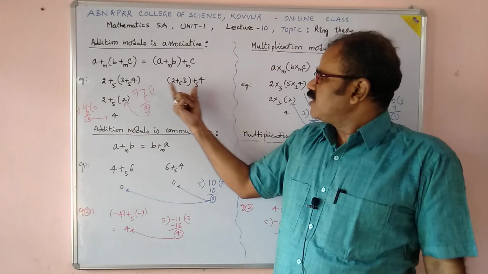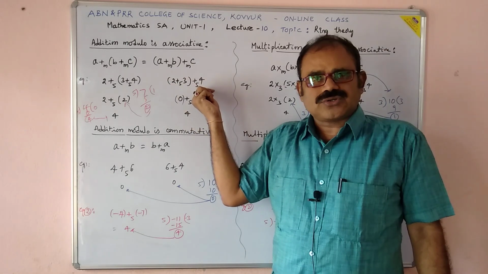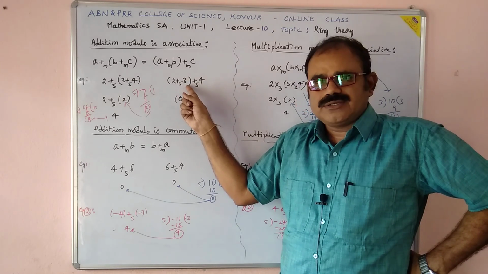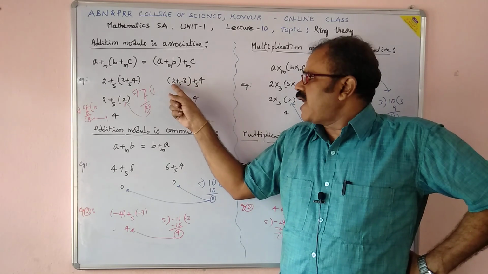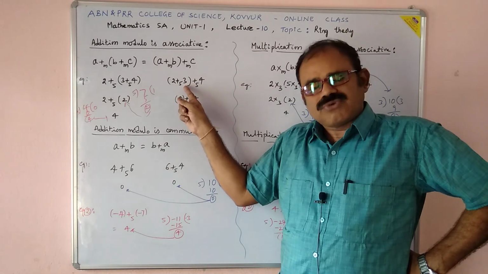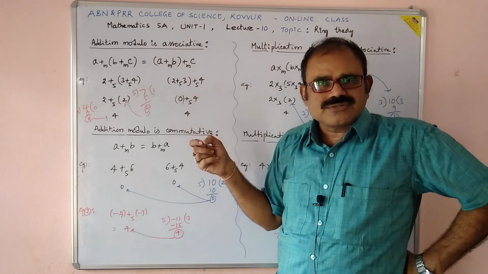What about this one? First we add 2 and 3, and finally with 4. 2 addition modulo 5 3. For that, what we have to do? Add 2 and 3. What is that? 5.